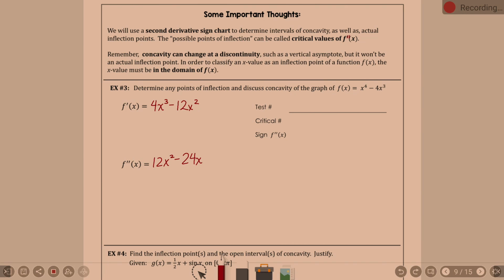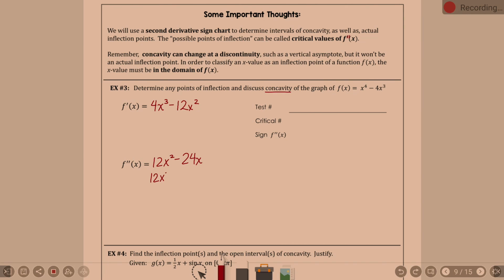Now, our job is to find our critical numbers. We're trying to discuss concavity. So how are we going to find our critical numbers, our possible points of inflection? Set what equal to 0? The second derivative, yes? Okay.